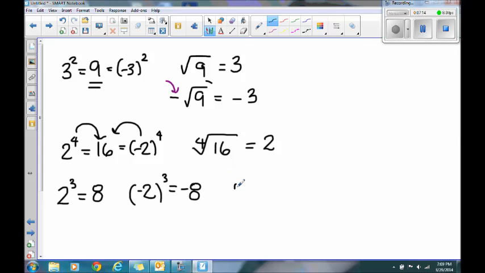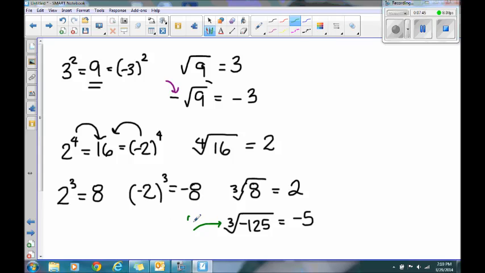So when I see something like the cube root of 8 on my page, the only possible answer there is +2. -2 isn't even an option. If I'm asked to find the cube root of -125, that's okay. And that answer is going to be a -5.